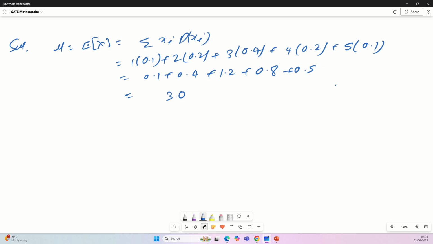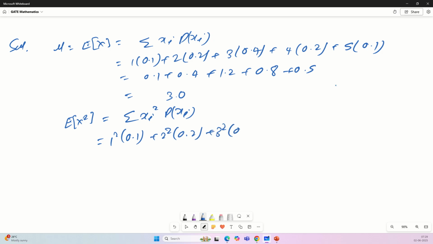Now what is my expectation of X square? Because we need to find out variance, and for variance we need expectation of X square as well. So that is summation of xi square into p of xi. So for that I am going to do 1 square into 0.1 plus 2 square into 0.2 plus 3 square into 0.4 plus 4 square into 0.2 plus 5 square into 0.1.